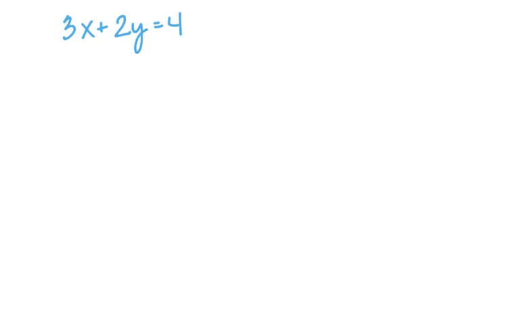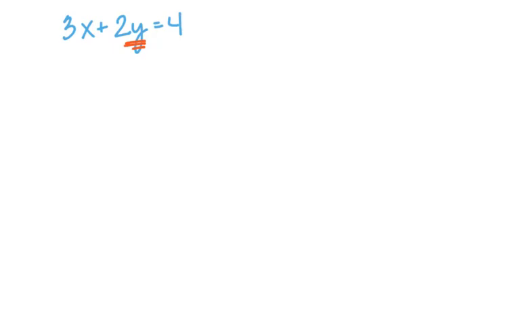And they're giving us an equation. The first most important thing to do with an equation before graphing is to rearrange it so that we solve for y, because it puts it in a very standard form for writing a linear equation. So to solve for y, our goal is to get y all by itself.